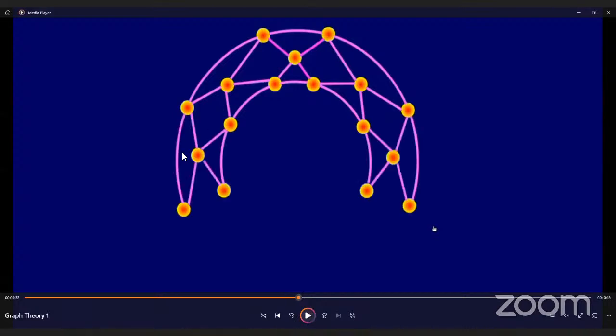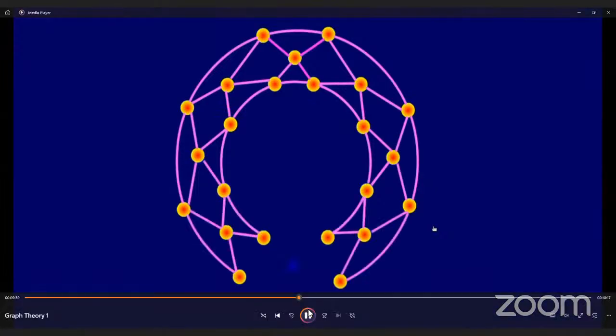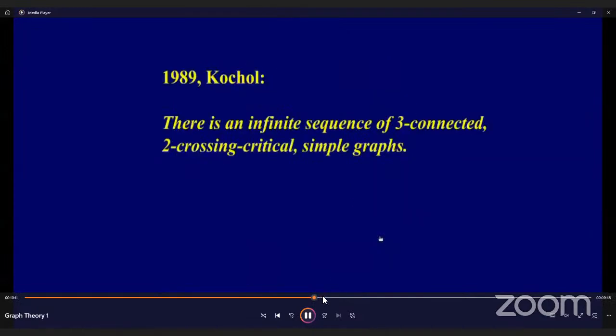Then here there are 5 of them, then there are 7, and now there are 8 of them. The last thing is called the twist. So far, any question?